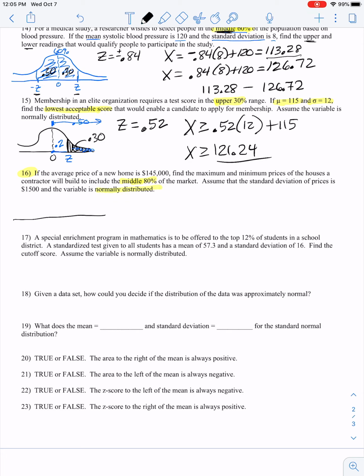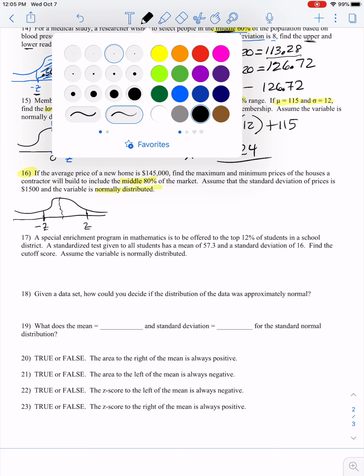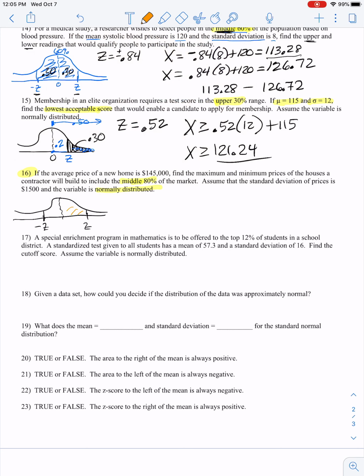Okay, picture time. So if we're normal, we have a bell-shaped curve. We are in the middle 80%. So I'm going to have Z right, Z left, such that in between here is 80%.